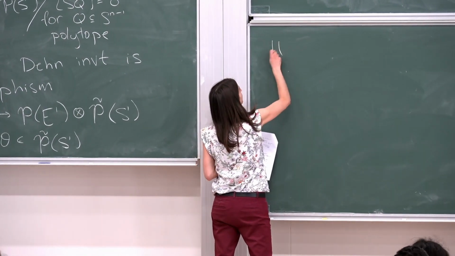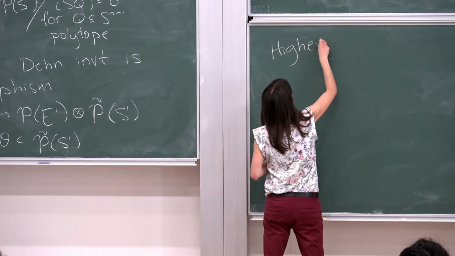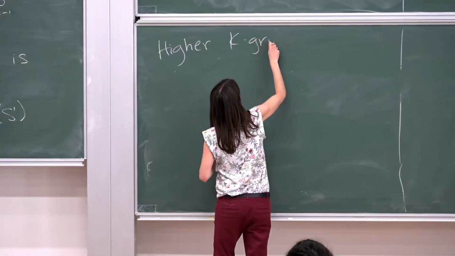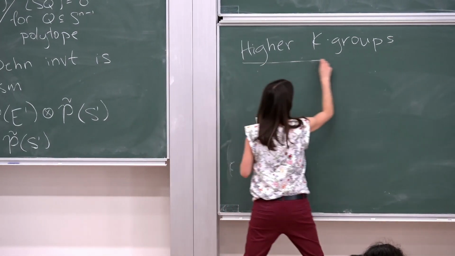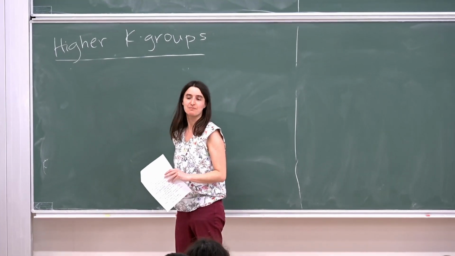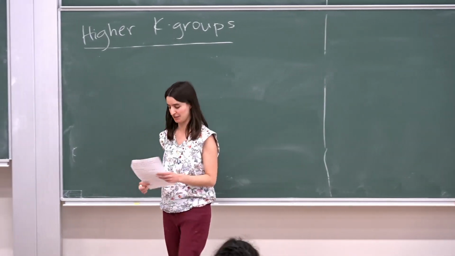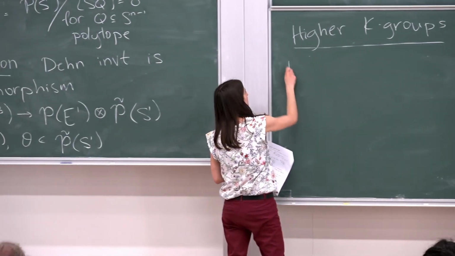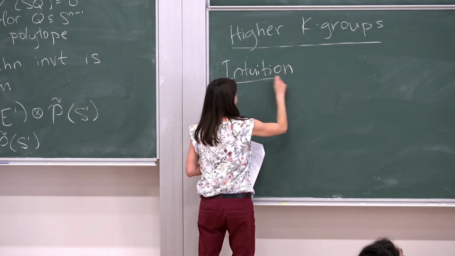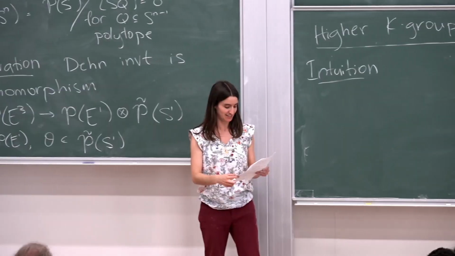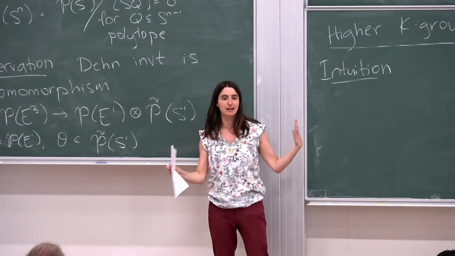All right, so let's talk a little bit about the higher scissors congruence K groups. Here's some intuition for why scissors congruence is even a higher K groups type of situation.